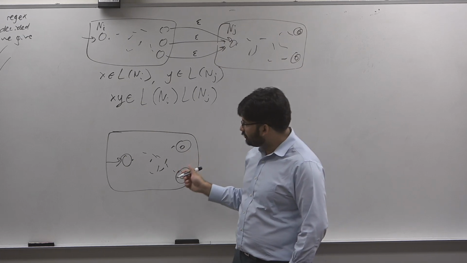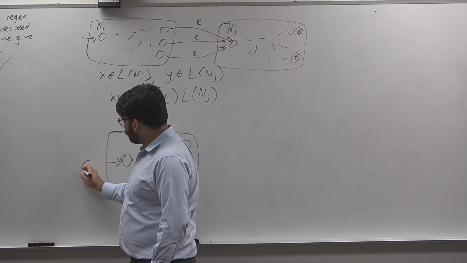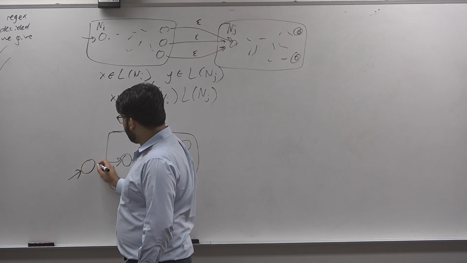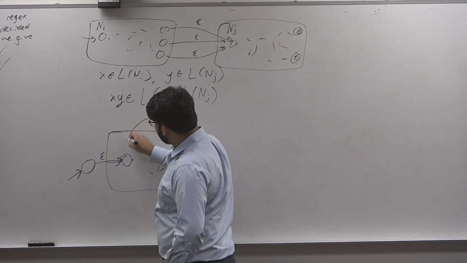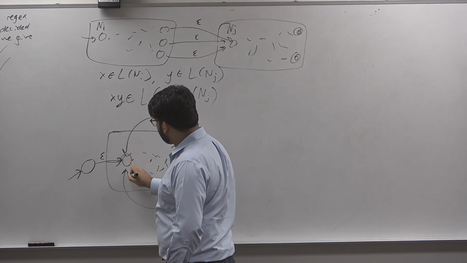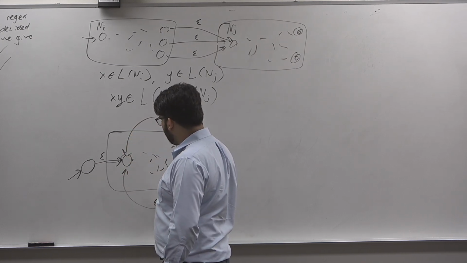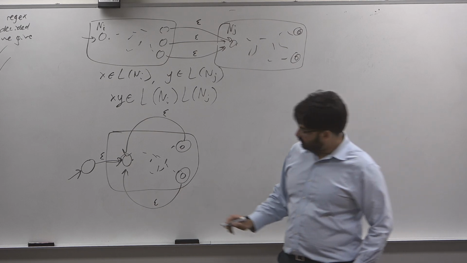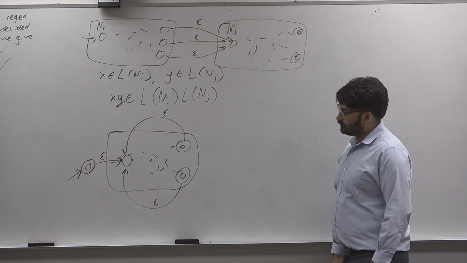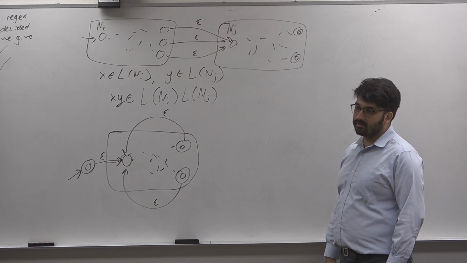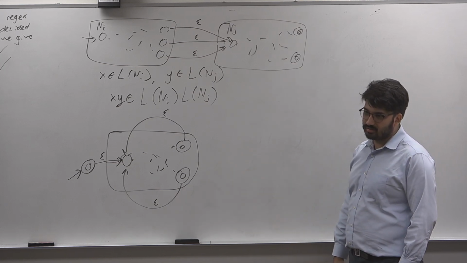So what you actually do is you add a new start state. You epsilon to the old start state. You epsilon from all the old accepting states back to the old start state. And which one do you make accepting? This one. That fixes the slight bug, it turns out.